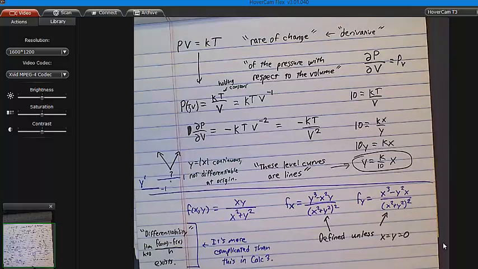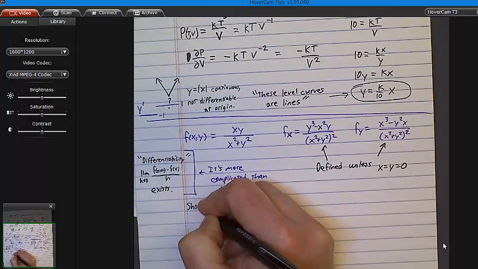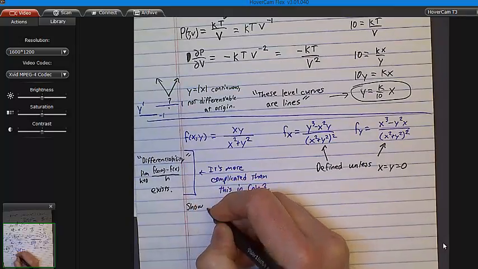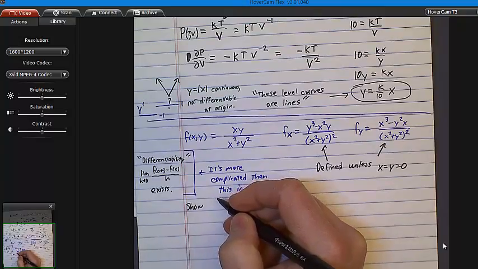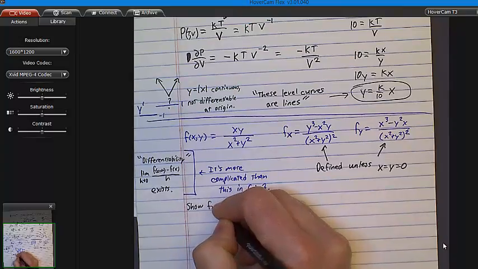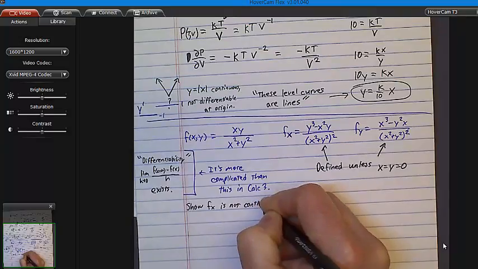So my exercise now is to show that fx is not continuous.